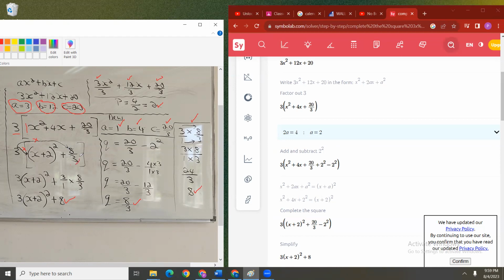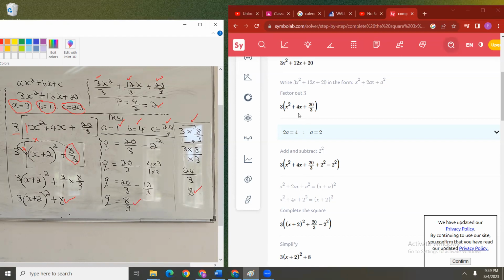But now we want to remove all of this from the square bracket. So we have to multiply by 3 to get another q, which is 8. So that's the final q. That's the intermediate q, and look, the final q is 8. And here we have it.